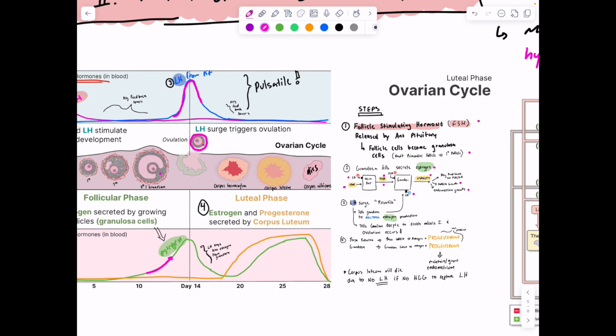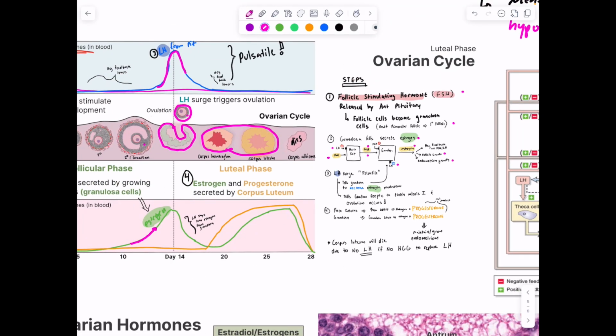So some of the granulosa cells are going to leave as the corona radiata, but most of them are going to stay back with the theca interna cells and become the corpus luteum. And when they stay back, they go from theca interna to theca lutein and granulosa to granulosa lutein cells, and they're going to shift gears, and now they're going to mostly produce progesterone, right?